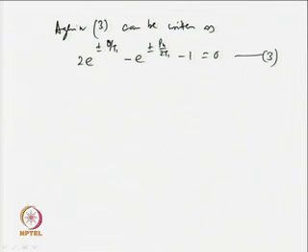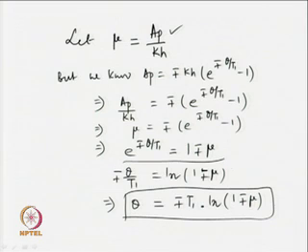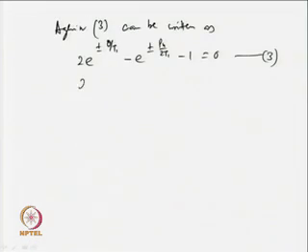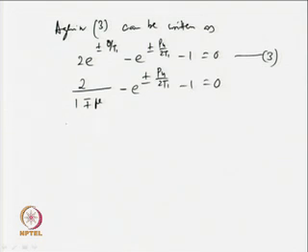We know that e to the power plus minus theta by T1 can be obtained from here. Using this e to the power plus minus theta by T1, sorry, not this one, the upper one, e to the power plus minus theta by T1 will be 1 upon 1 minus plus mu. So, I can substitute that, giving us 2 upon 1 minus plus mu minus e to the power plus minus pu by 2 T1 minus 1 is equal to 0.